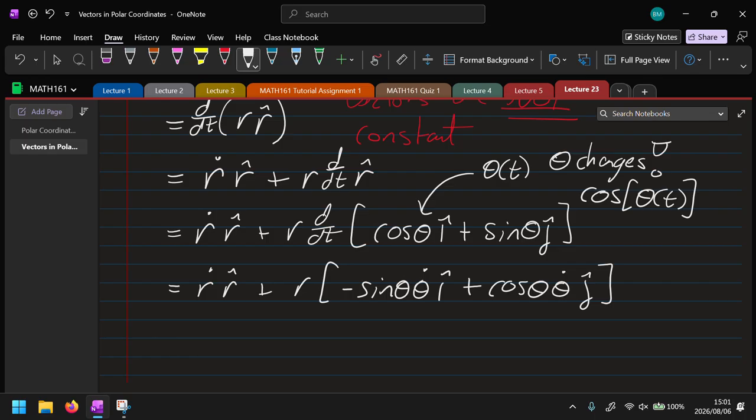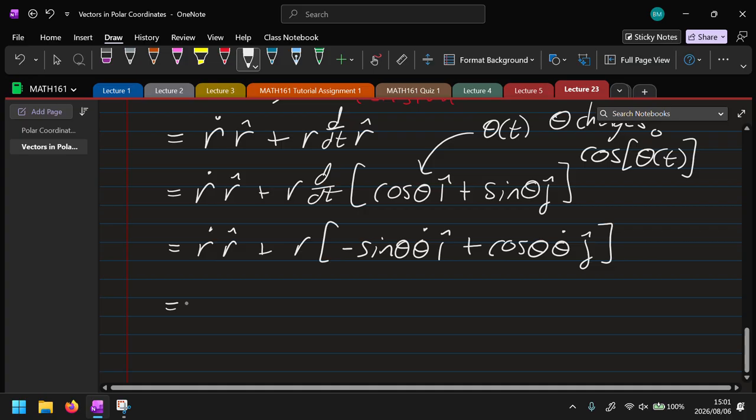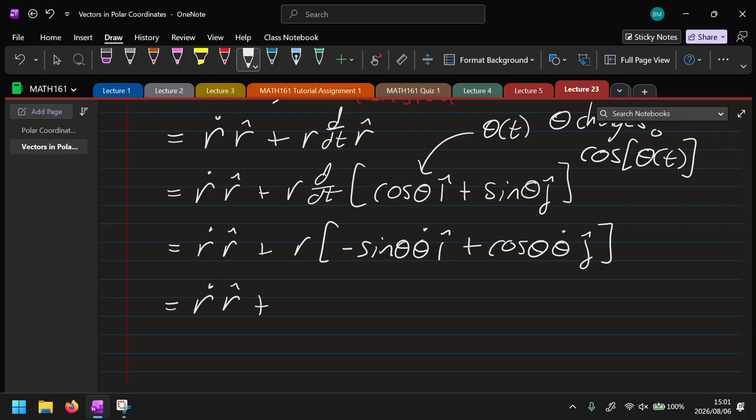We've got theta dot common to both of those, so we're going to take it out. So this is going to be r dot r hat plus r theta dot, and then whatever's left after taking out the theta dot.